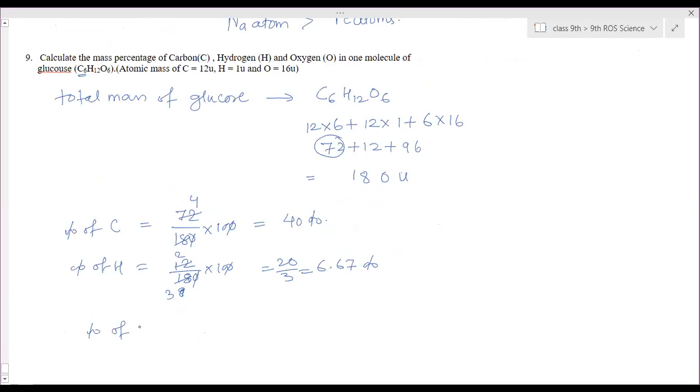And the percentage of oxygen is equal to 96 by 180 into 100, which is 160 by 3, 53.33%. Clear? Yes, ma'am.